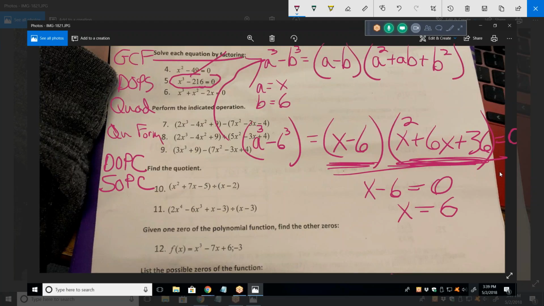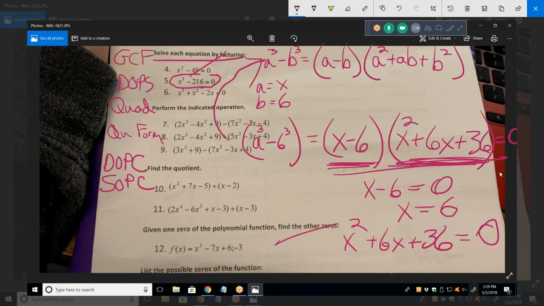And then if you set the other one equal to 0, it doesn't take long before you realize that that is a complex solution involving i. In fact, you cannot factor that. You have to use the quadratic formula to solve that.